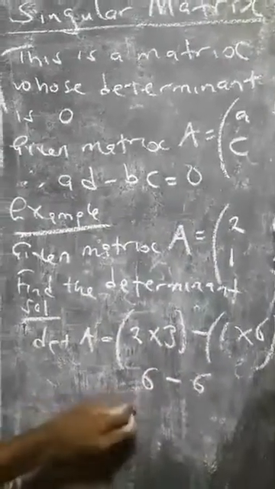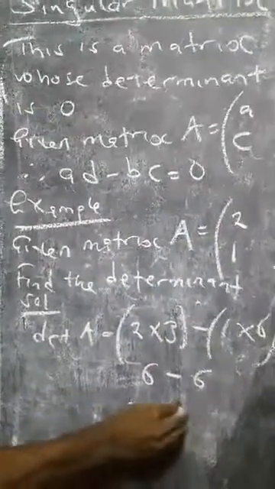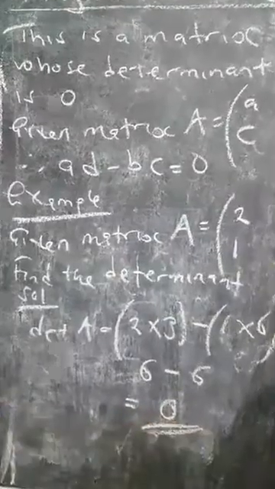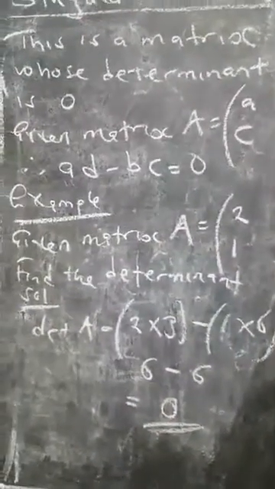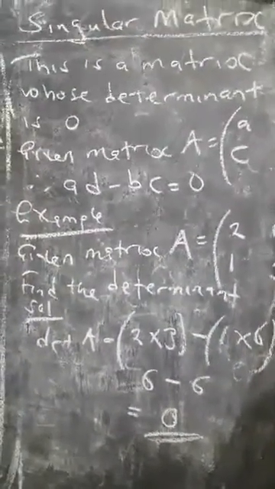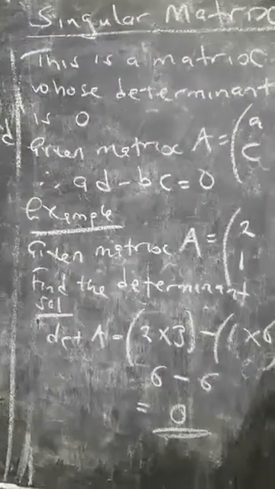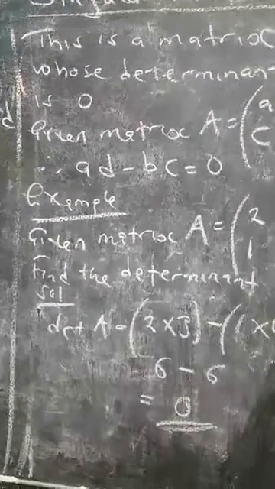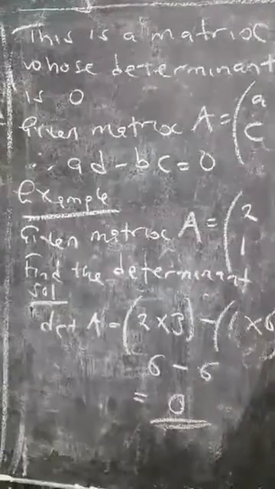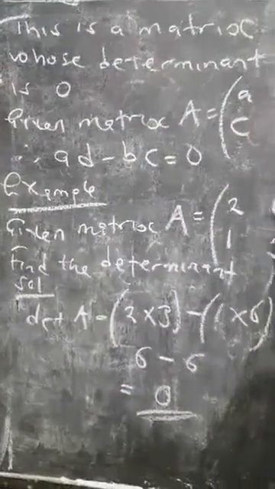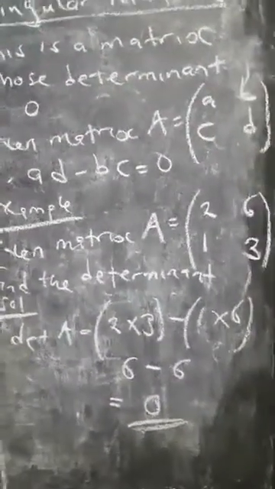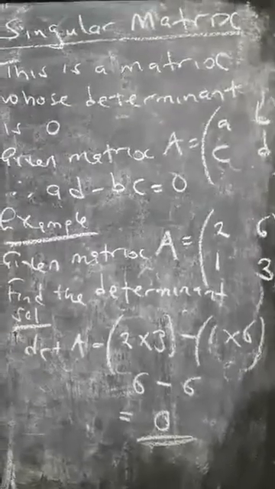So 6 minus 6, that's a 0. Definitely A is a singular matrix.